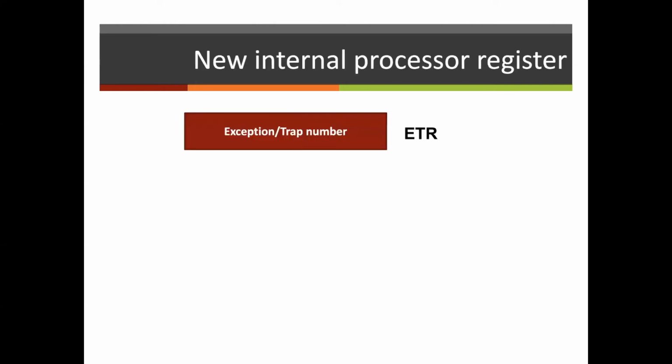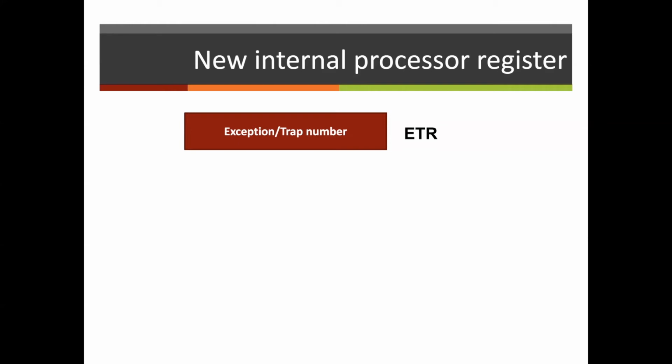In order to do this, we introduce a new internal processor register, and this is going to be the exception trap register, or ETR. It is internal to the processor, and it allows for appropriate storing of information related to the exception or trap.